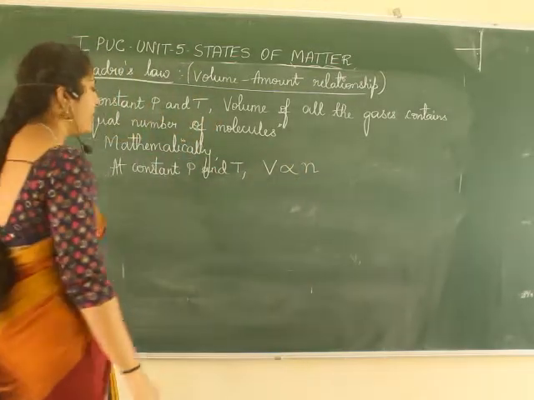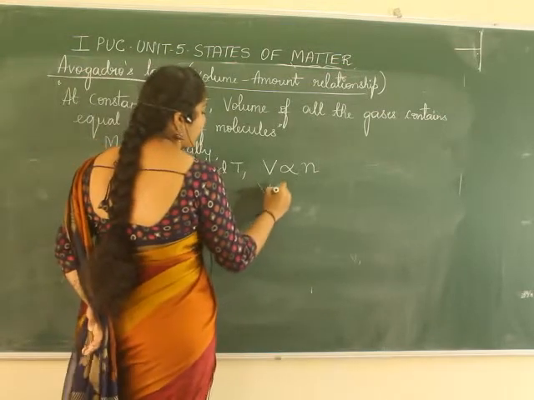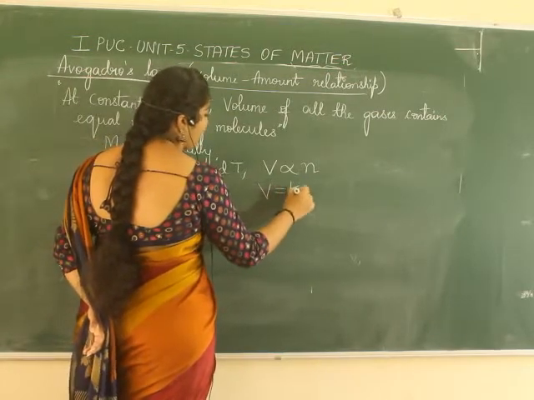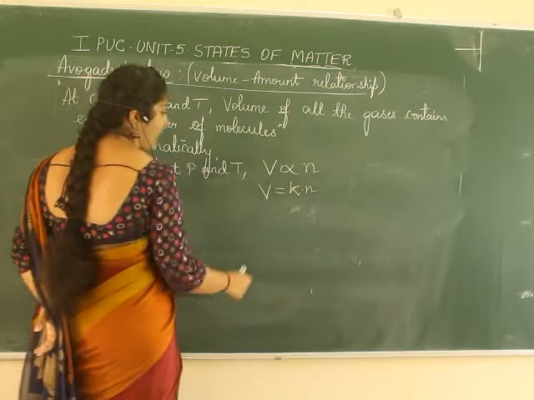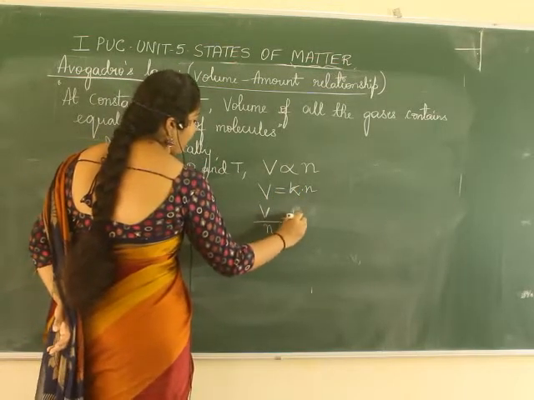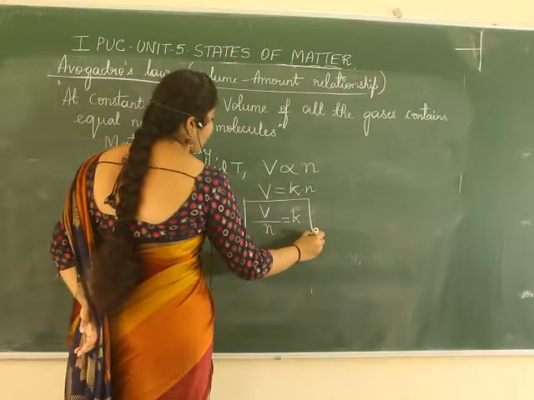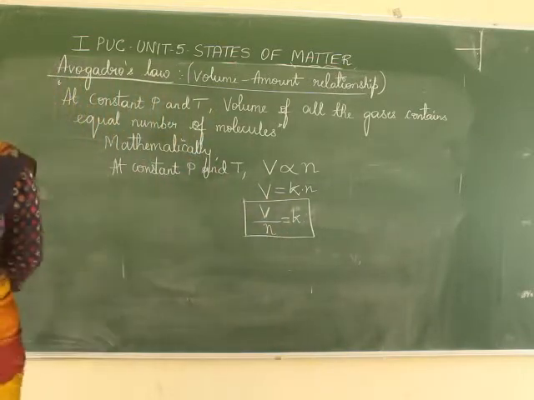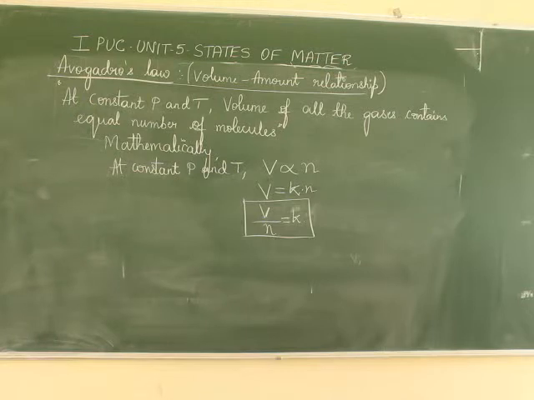This is the mathematical expression. Let us equate it, take a constant K into N. Otherwise I can also write it as V by N is equal to K. This is about Avogadro's law. Hope it is clear now. Now let us see.